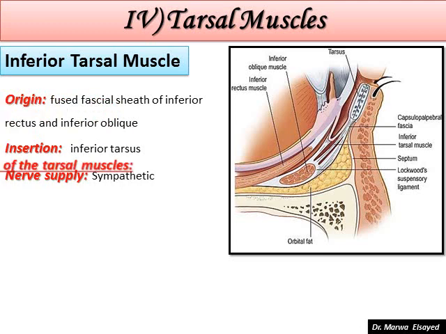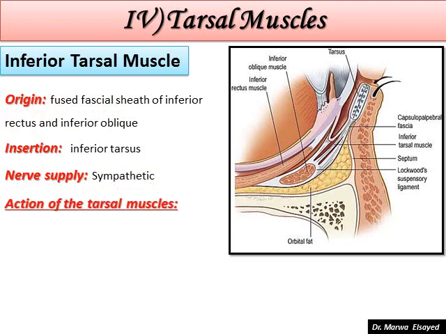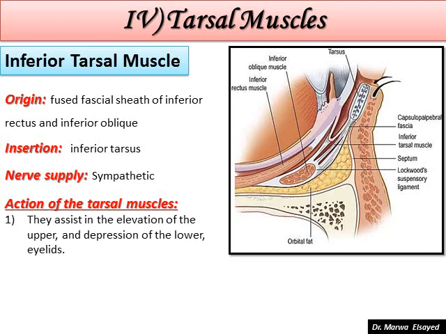The action of both tarsal muscles, superior and inferior, is that they help in elevation and depression of the eyelids respectively. Also, they widen the palpebral fissure as in fright, fear or excitement, because their nerve supply is sympathetic.